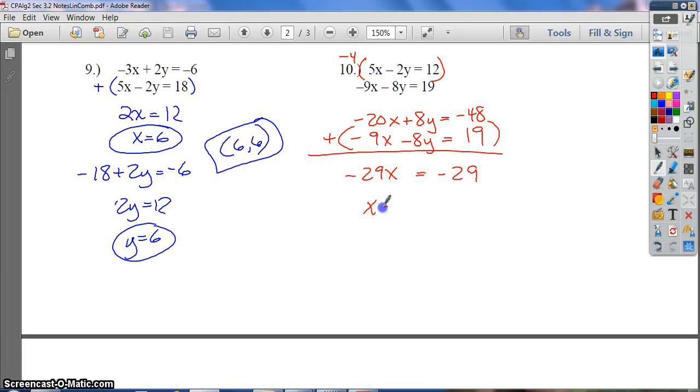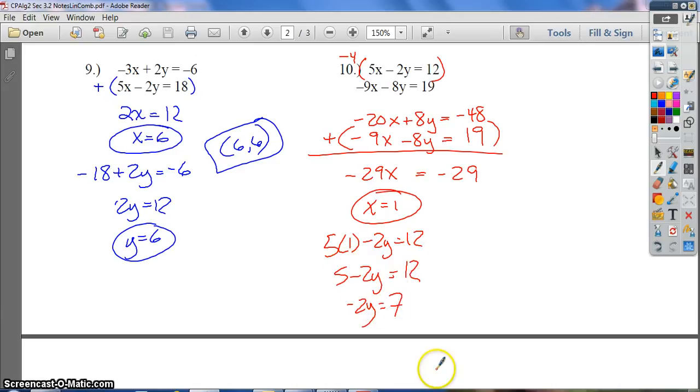So x is going to be positive 1. A positive 1 in here, 5 times 1 minus 2y equals 12. So this is 5 minus 2y equals 12. Negative 2y will equal 7. Well, that's fun. Then divide by 2. So y is negative 3.5.